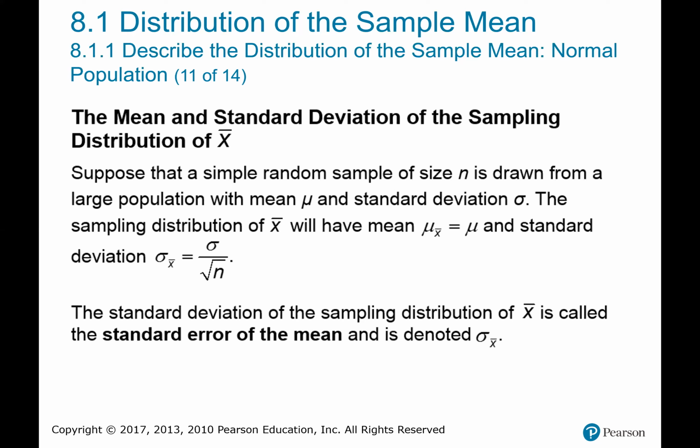So again, guys, the mean of X bar is the same as the mean of the population, and the standard deviation of X bar is the standard deviation of the population divided by the square root of sample size n.